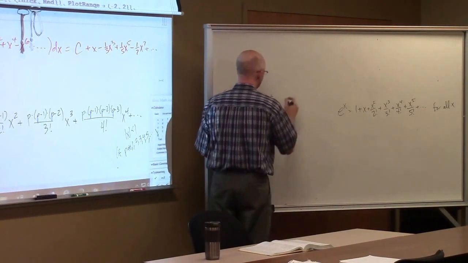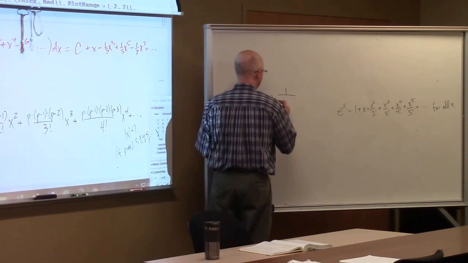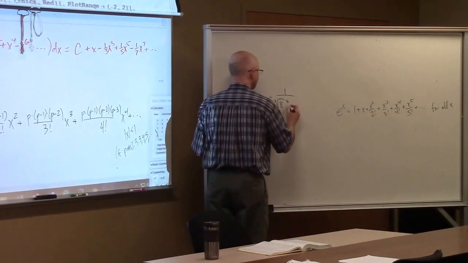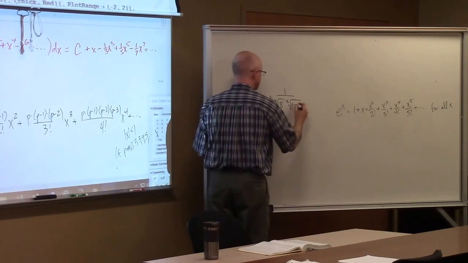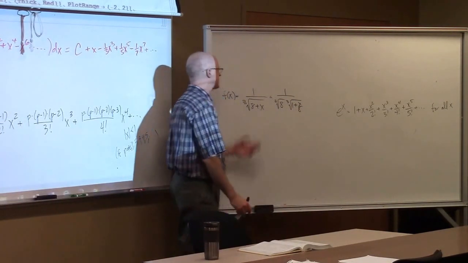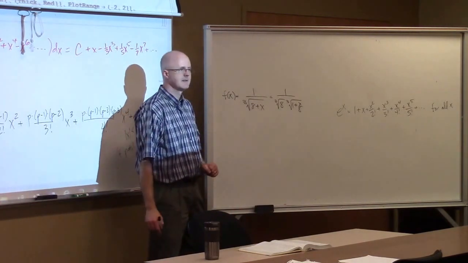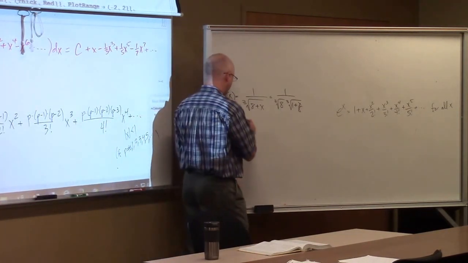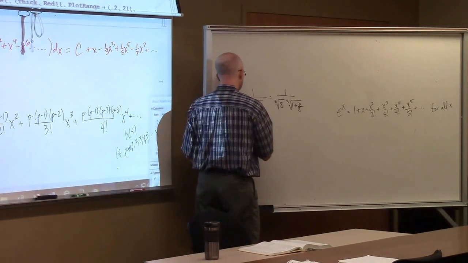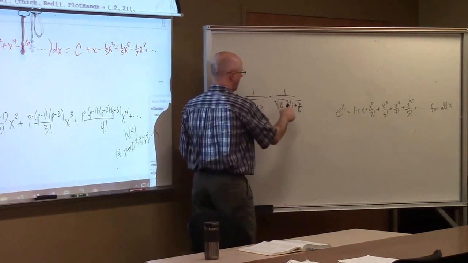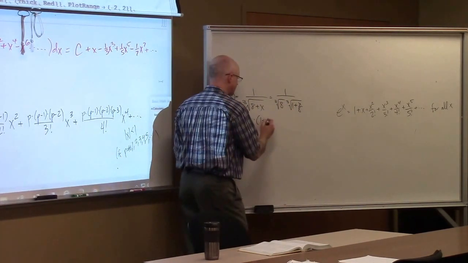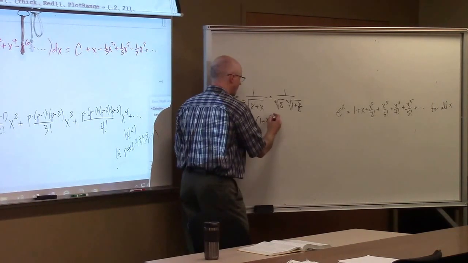It's good to, first of all, factor 8 out of the thing inside the cube root, and then use the fact that the cube root of the product of two things is the product of their cube roots to write this. I made it an 8 on purpose so that the cube root of 8 is simple. 1 over that is 1/2. So this gives me 1/2 times 1 over the cube root of 1 plus x over 8, which is the same thing as 1 plus x over 8 to the negative 1/3 power.